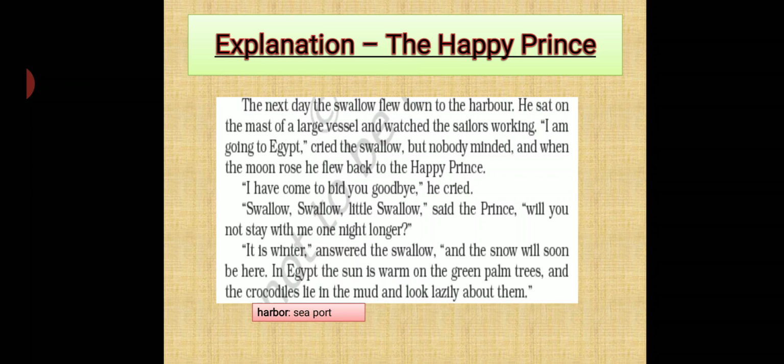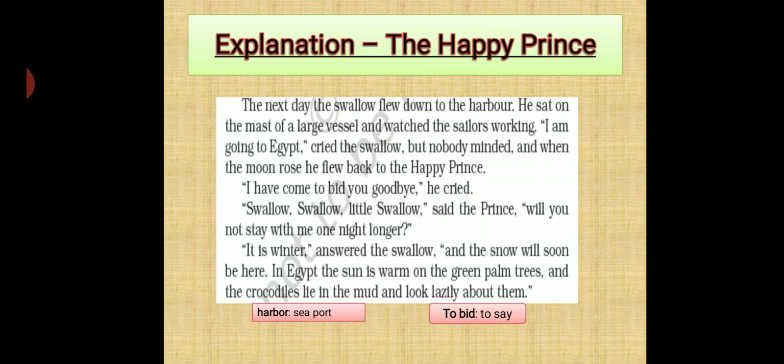It is winter, answered the swallow, and snow will soon be here. In Egypt, the sun is warm on the green palm trees, and the crocodiles lie in the mud and look lazily about them.